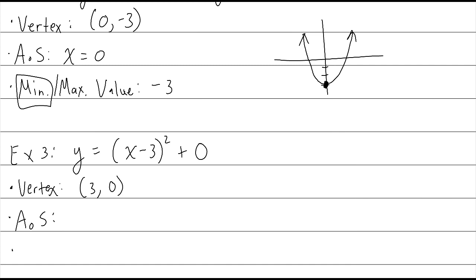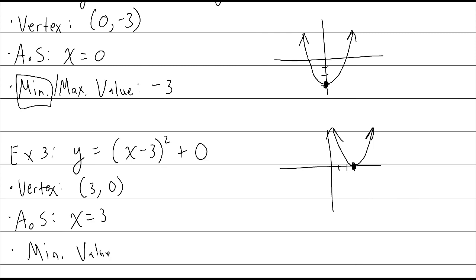So (3, 0). Axis of symmetry is x equals 3. Again, always coming from there. And then min or max value, it's a positive 1 in the front here, so I know it opens upward, which means that my vertex is a minimum value. And it equals 0.